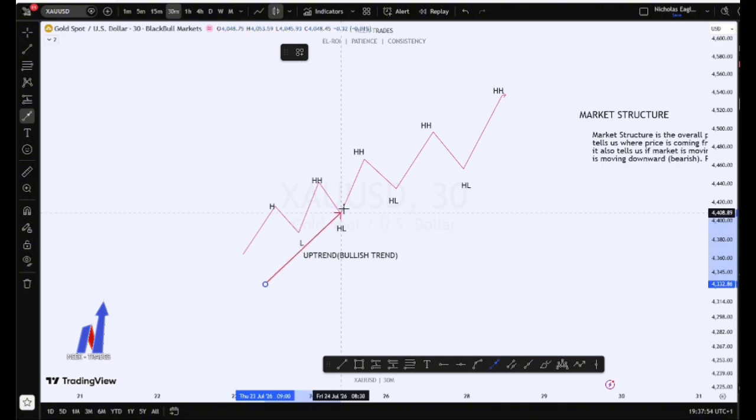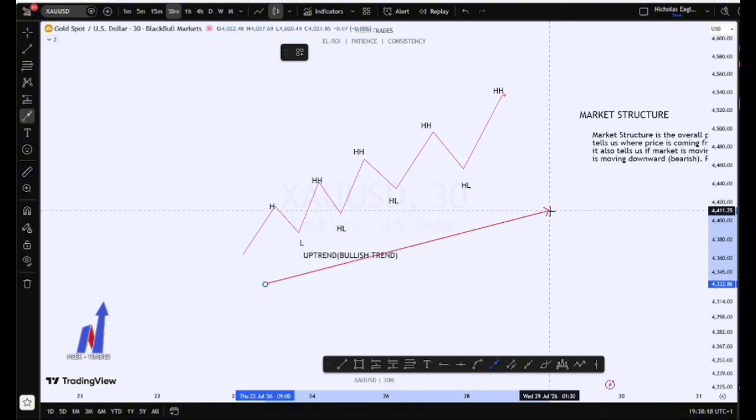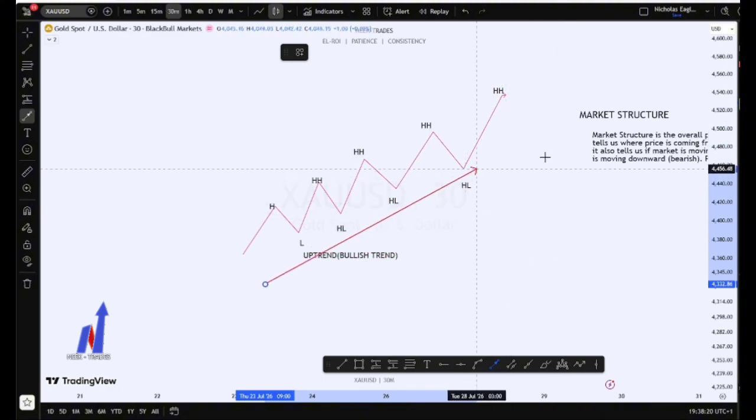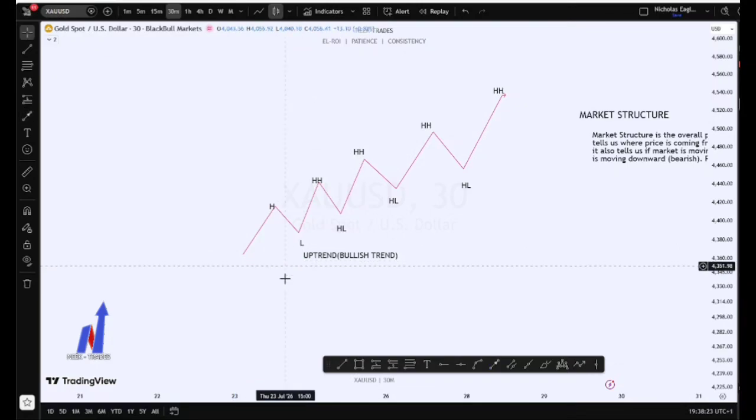Then the market pushes forward again, swings high, and breaks this previous higher high to give us a new higher high. Now the market retraces down and pushes again to break this structure to the upside, giving us another higher high, and like that till the market decides to change direction or character. So that is it for the uptrend.